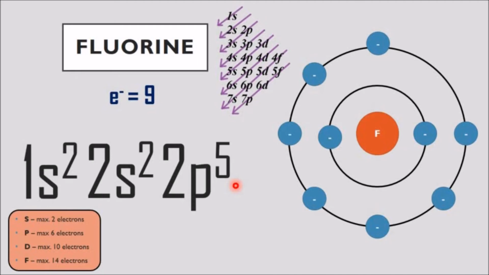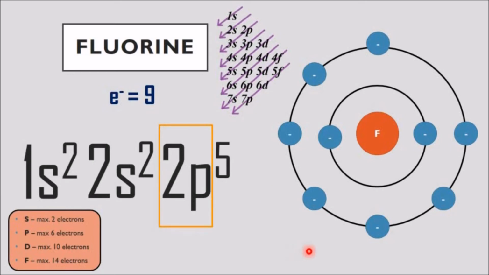Like what I have said earlier, all the superscripts must be equal to the number of the electrons in the atom. So when we add the superscripts, 5 plus 2 plus 2 is equal to 9. So it means that we correctly identified the electron configuration of fluorine. Now, the correct last subshell of fluorine is 2p.